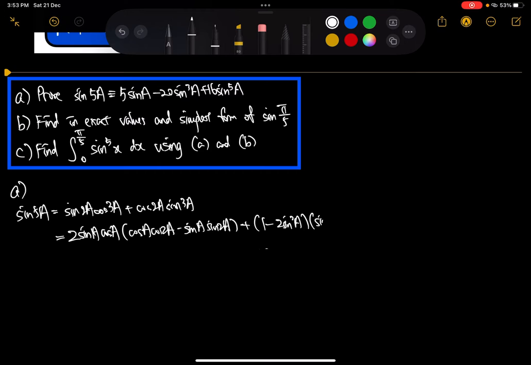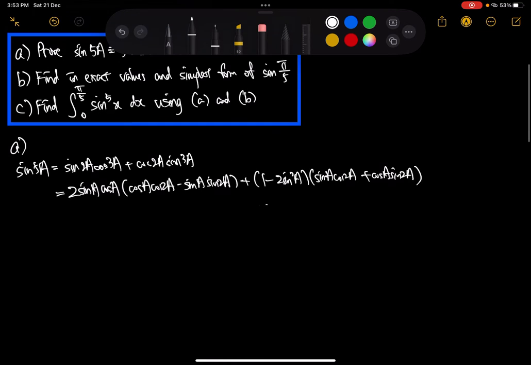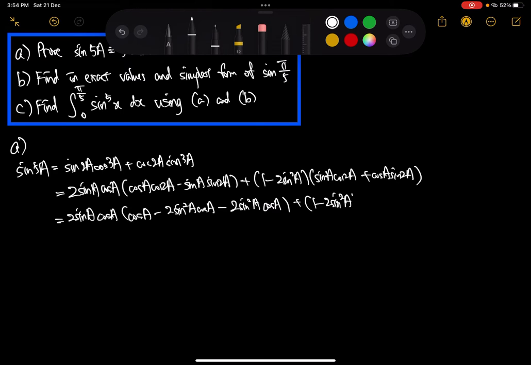Sine 3a is sine a cosine 2a plus cosine a sine 2a. And these are obvious. So this is cosine a minus 2 sine squared a cosine a. Wait, 1 minus 2 sine squared a, so yeah, that's correct. Minus 2 sine squared a cosine a, and then plus 1 minus 2 sine squared a.